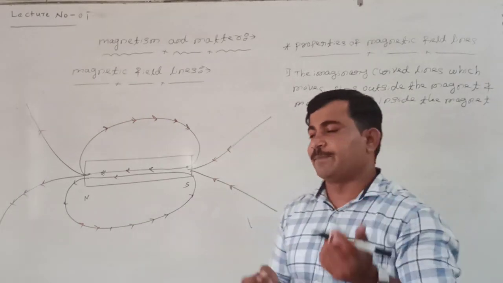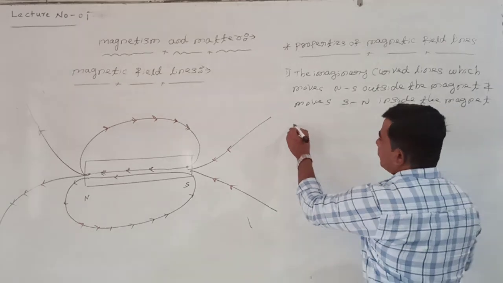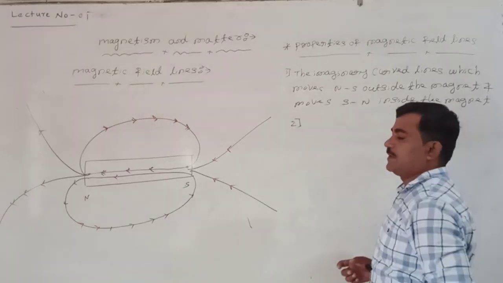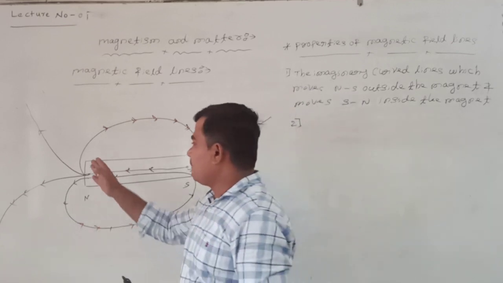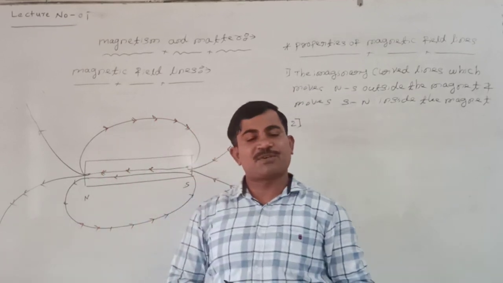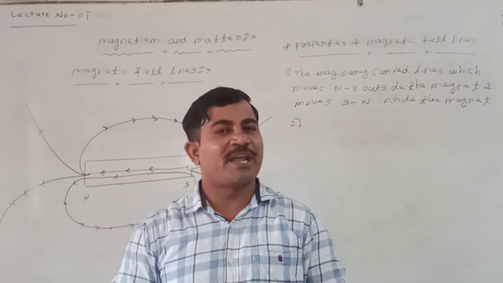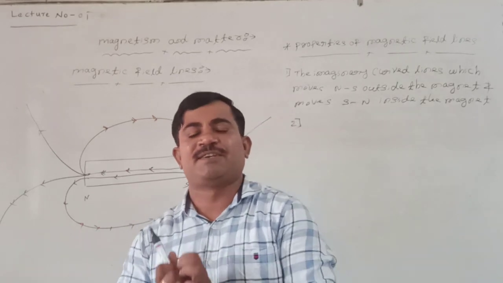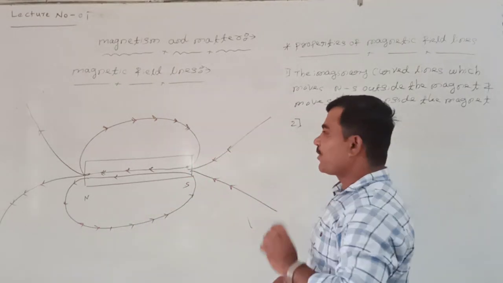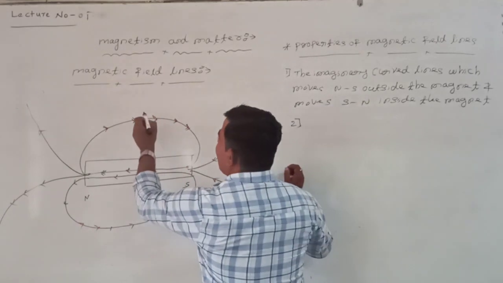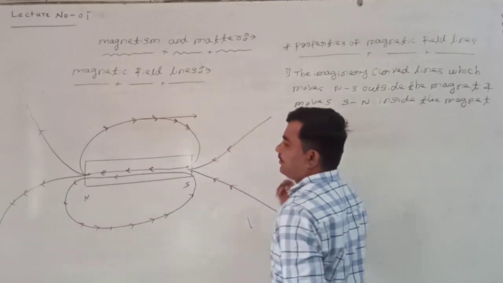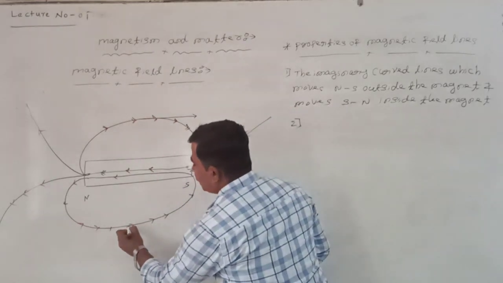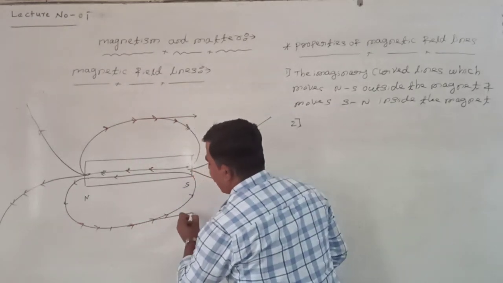Then let us see the second property. Already we know that magnetic field lines are nothing but imaginary curved lines. The question is how to take the direction of magnetic field lines. The second property indicates that the tangent drawn at any point to the magnetic field lines represents the direction of the magnetic field.